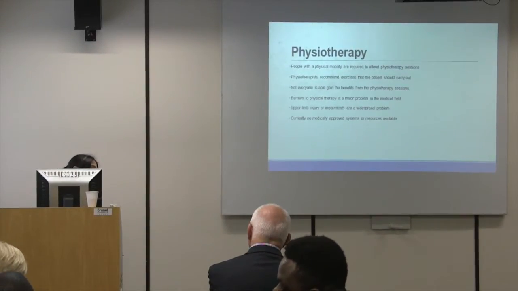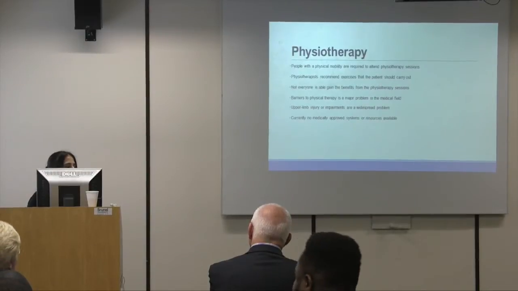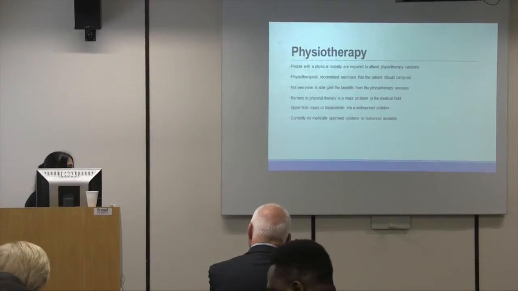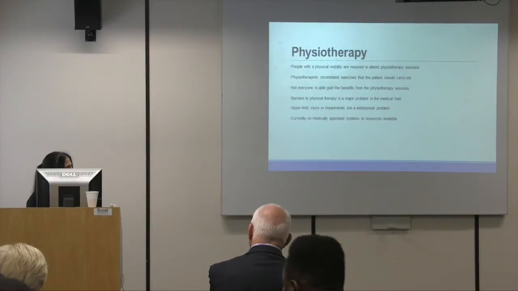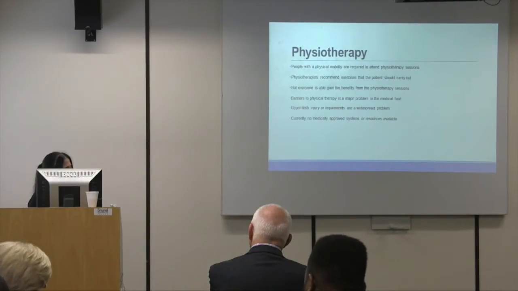Currently, for patients to receive treatment, they're required to go to the physiotherapy clinic, where the physiotherapist gives them exercises that they're required to carry out. Then they're required to attend these physiotherapy sessions over a period of time until they're healed.